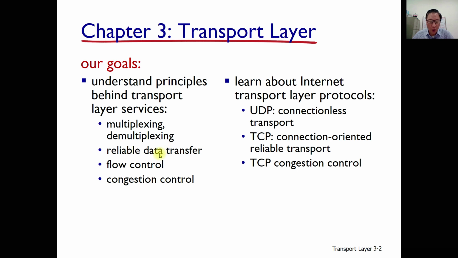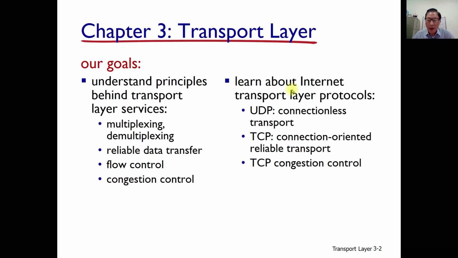And also we need to understand the concept of reliable data transfer. And also we need some control scheme, that is flow control. And another one, to protect our network from congestion, we need some mechanism, that is congestion control.